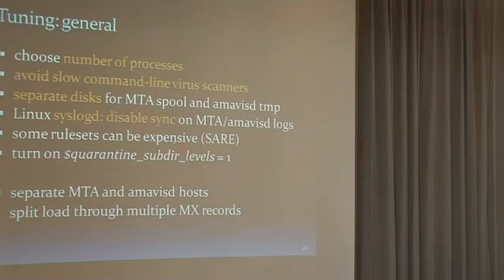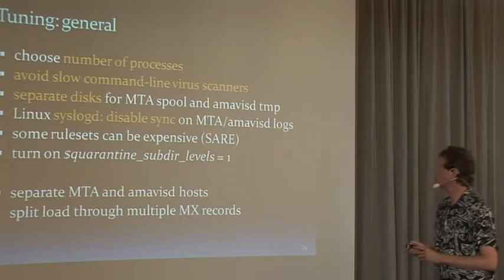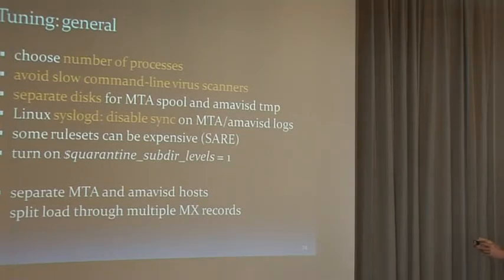Some rule sets can be expensive. I learned that firsthand, like the rules emporium. Some rules from the rules emporium can be expensive. And if you keep large quarantine on file system, it pays off to build one level of subdirectories so that not all the stuff gets into the same directory.